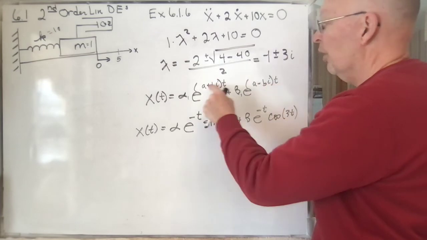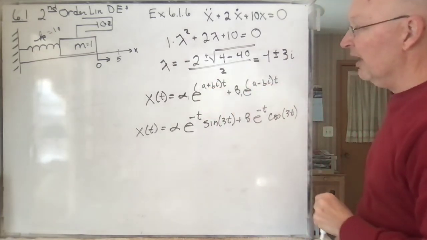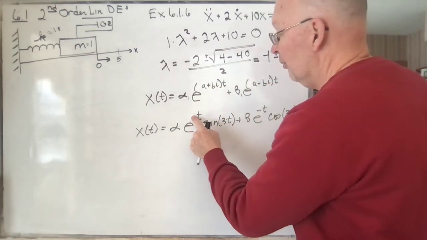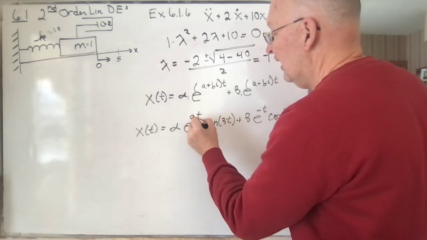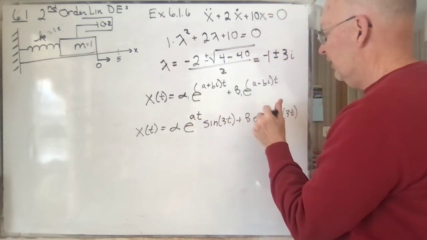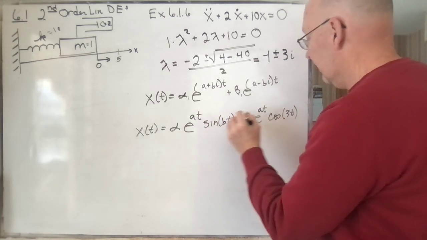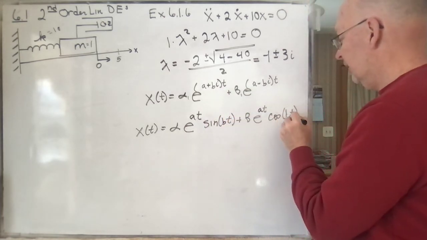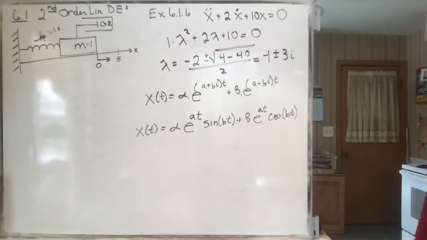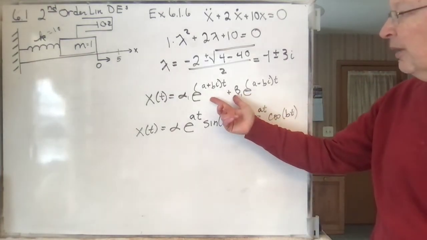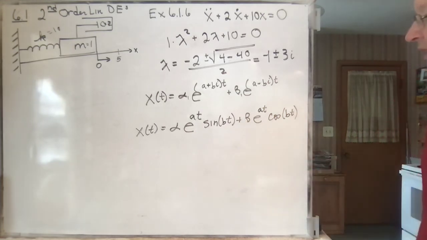One of them is positive, one is negative. Then this is going to be e to the At, and this is going to be e to the At, and then here's your B. So instead of playing with it like this, you can write it like this.